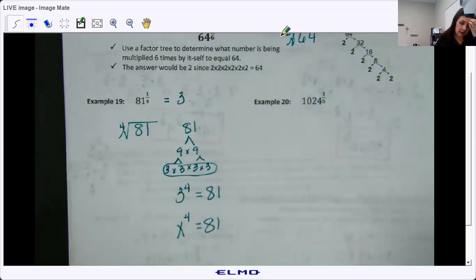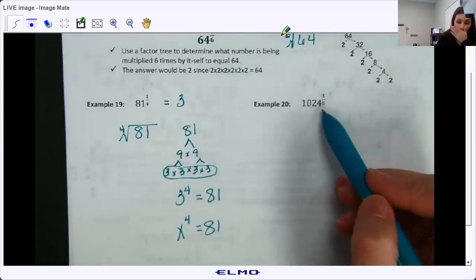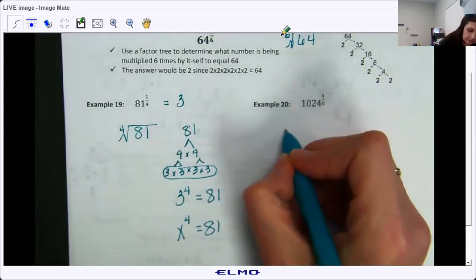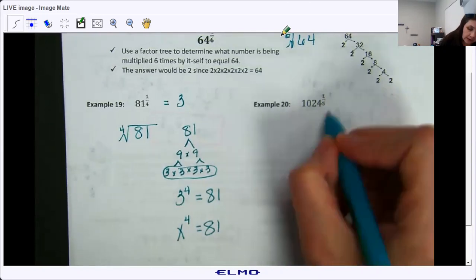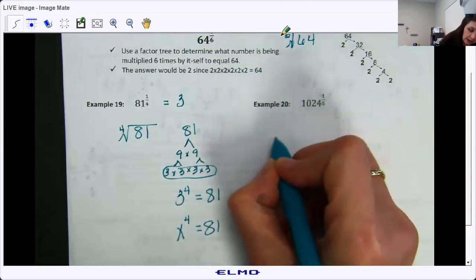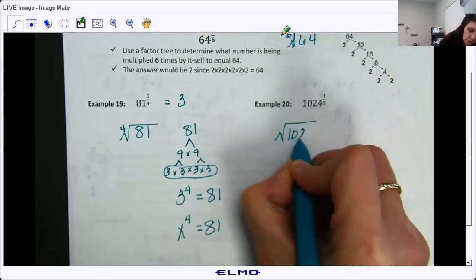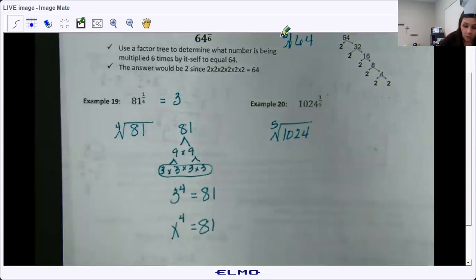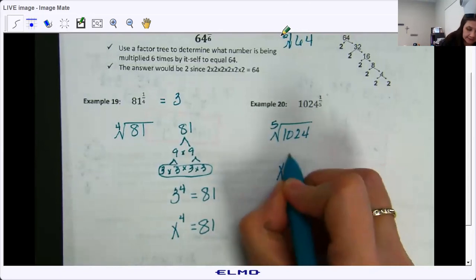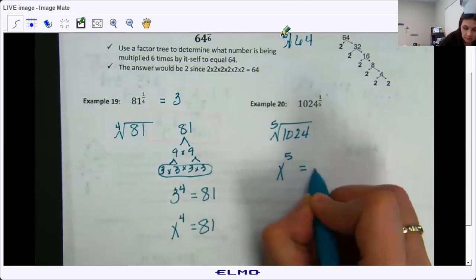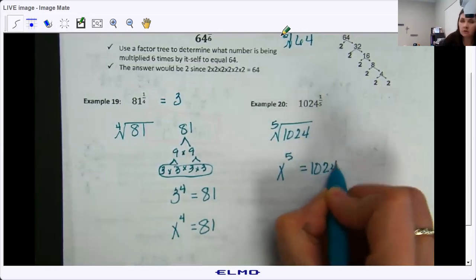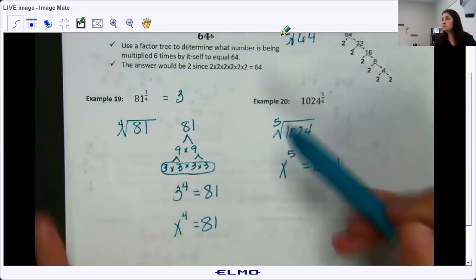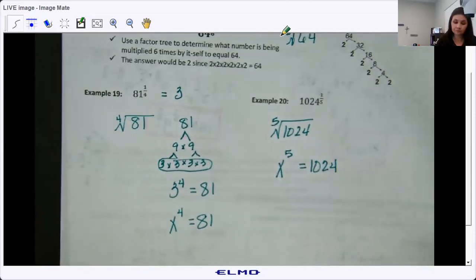So in this case right here, you're trying to figure out, then let's do it this way. Well, we have 1024 with an index of 5, or you could say what number raised to the 5th power is going to give you 1024. You could write it either way.